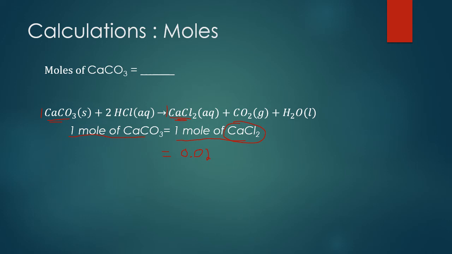Well, that means that I would have 0.002 moles of calcium carbonate as well, because they are present in a 1-to-1 ratio. So whatever moles you calculated for calcium chloride, it's going to be the same number that goes here in this blank.